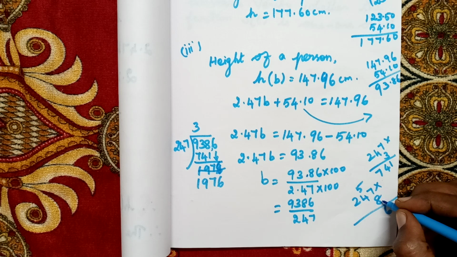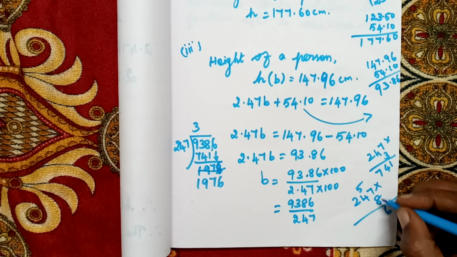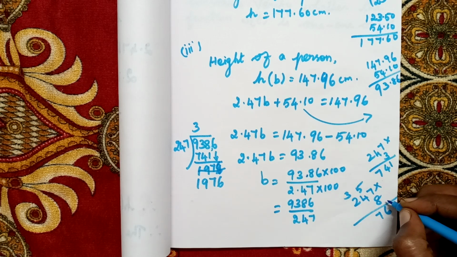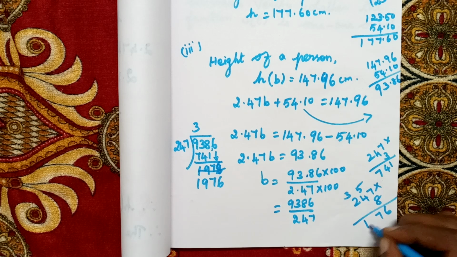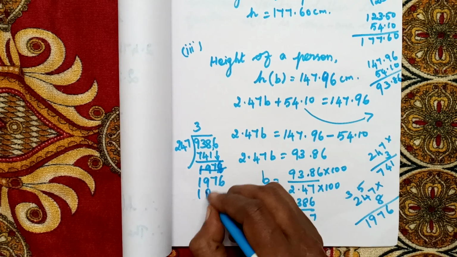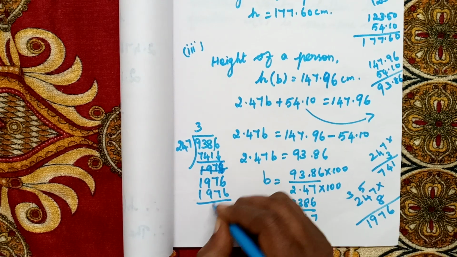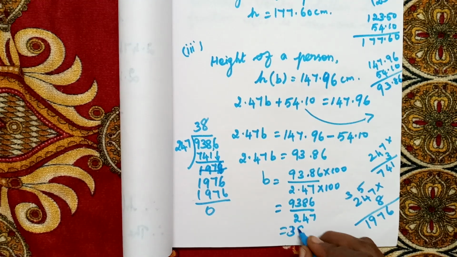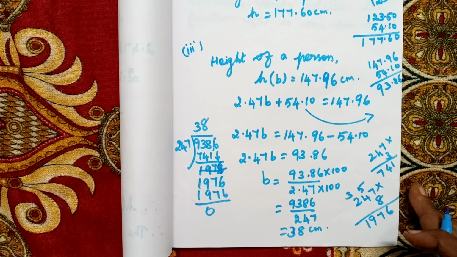Next 8 fours are 32. 32 plus 5, 37. 8 2s are 16. 16 plus 3, 19. 1976. So correctly we are getting 1976. So B is equal to 38 centimeter.